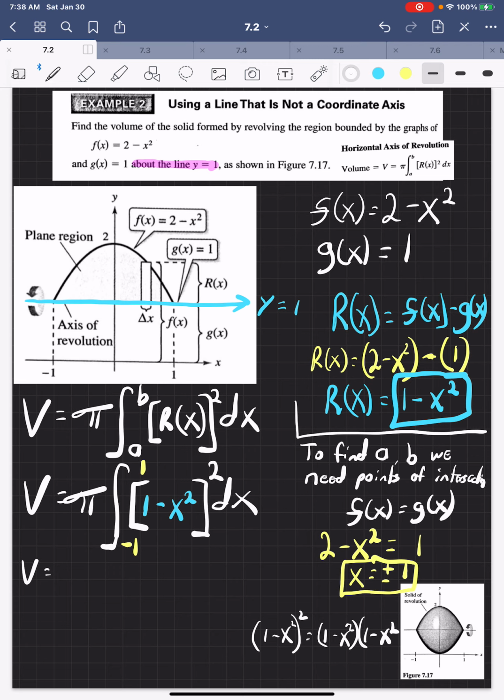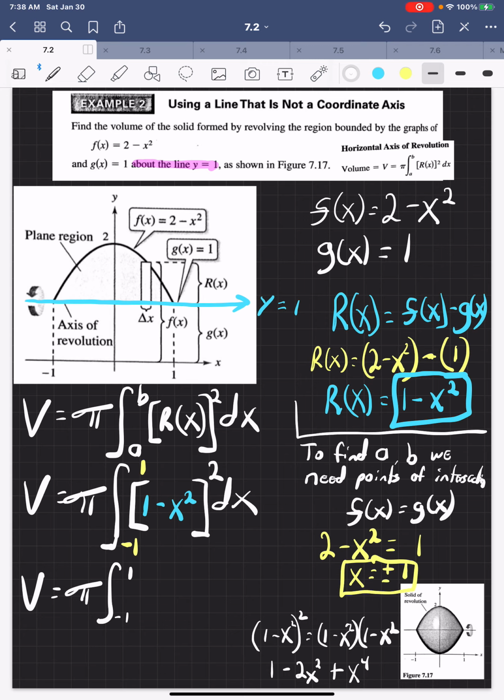So that ends up being, the volume is pi, my apologies. So the volume is pi integral negative 1 to 1. So this ends up being 1 minus 2x squared plus x to the power of 4.